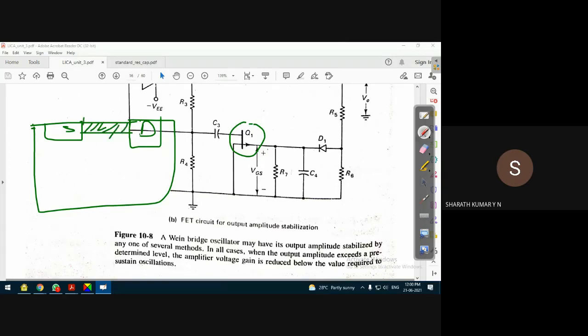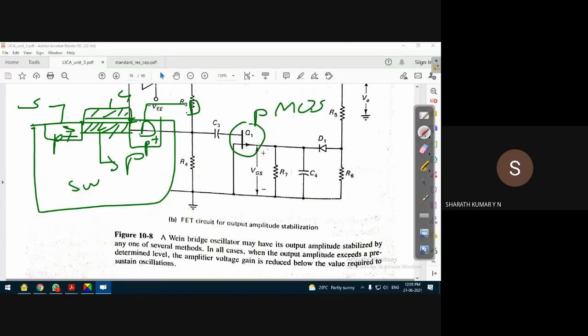Above that we have the gate terminal. So this is the gate, this is the drain, and this is the source. It's a P channel MOSFET, PMOS. P channel MOSFET means the channel type is P. If the channel type is P, then the source and drain are also of P plus material.